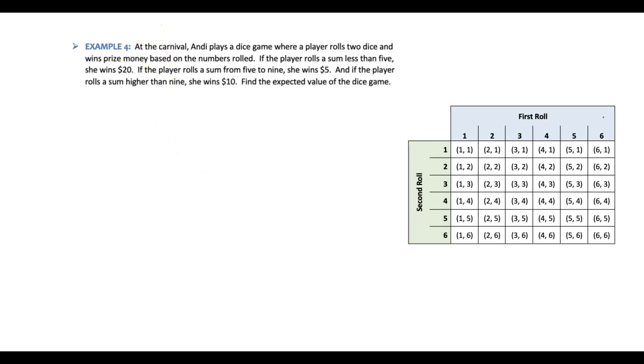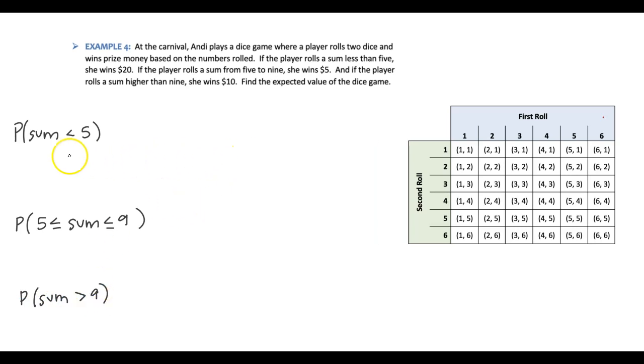Let's begin by finding the probability of a sum less than 5, the probability of a sum between 5 and 9, and the probability of a sum that's greater than 9. We could write out the different rolls.